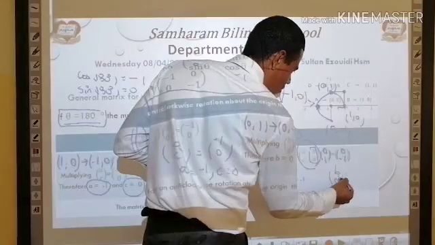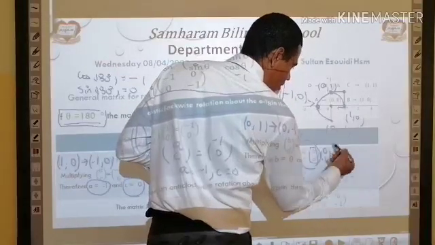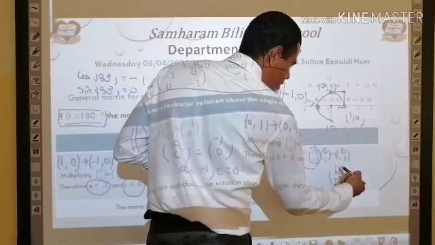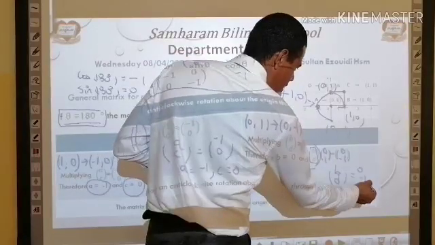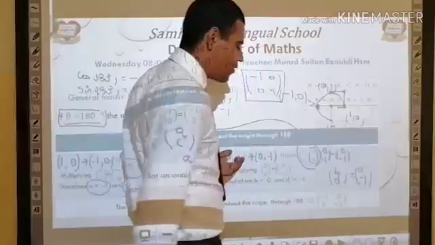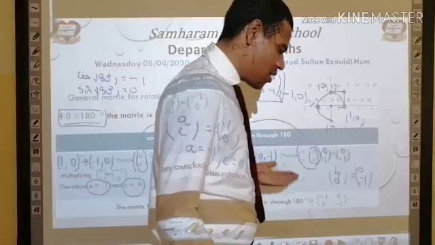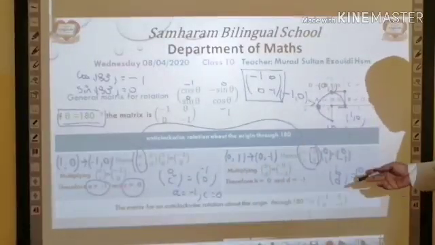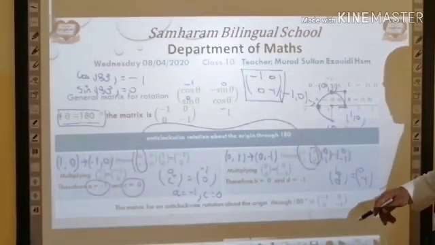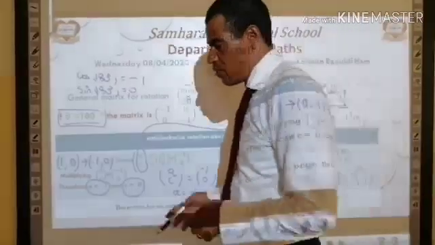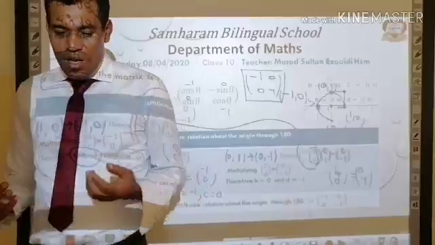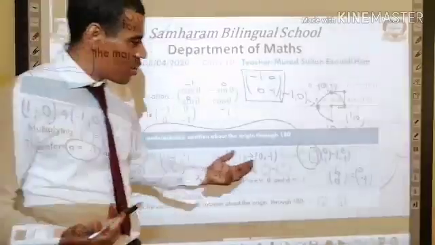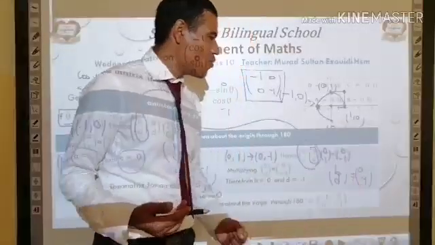Equal to what, my kids, this one? Equal to the column vector (0, -1). Here you can ask yourself: (B, D) is a column vector, or a matrix of order 2 by 1, and (0, -1) also is a column vector, a matrix of order 2 by 1. So how can I conclude that B equals 0 and D equals negative 1?